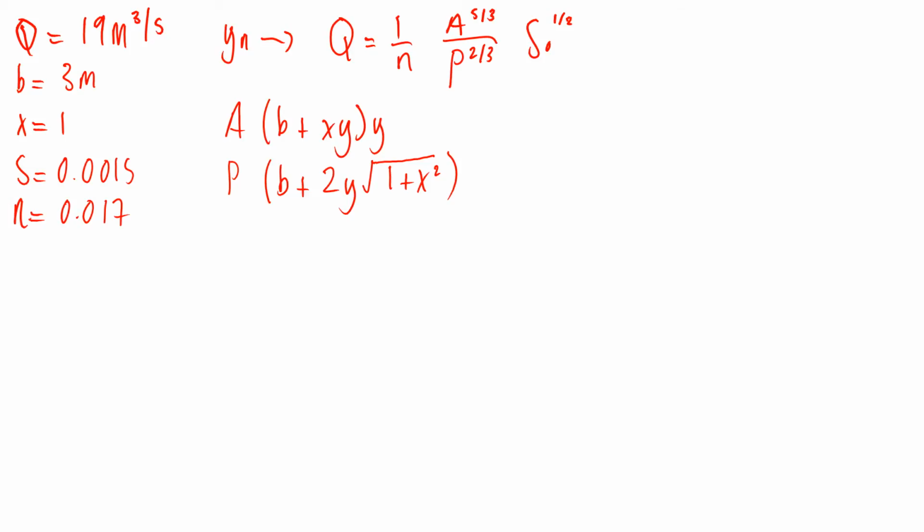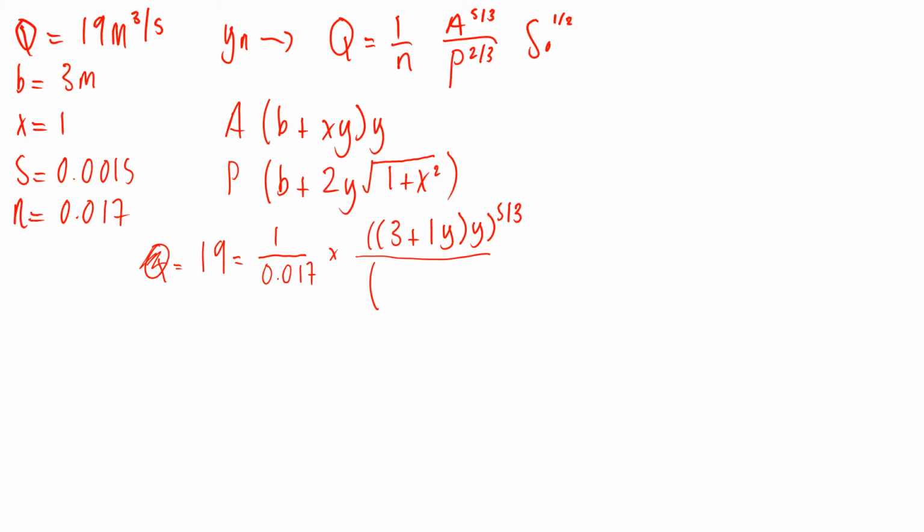So those are the two equations for area and wetted perimeter. Now the aim is to put in the values and keep trying values to work out the value of y. So 19 equals Q, 1 divided by 0.017 times by 3 plus 1, which is x, times y, which is unknown, times y, and all to the power 5/3.